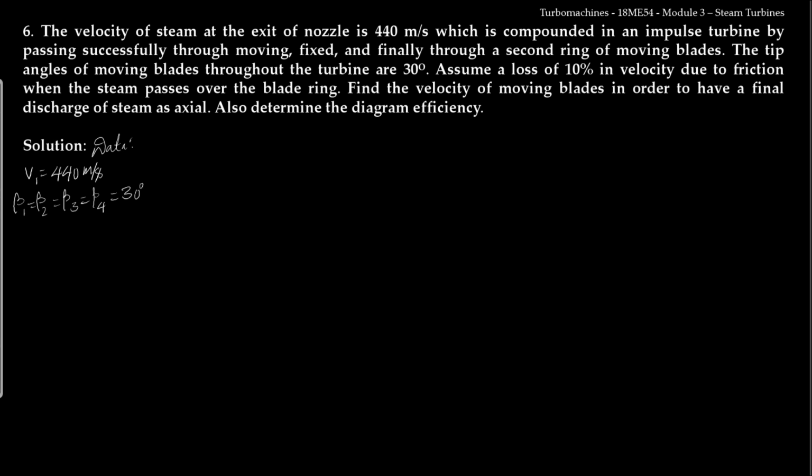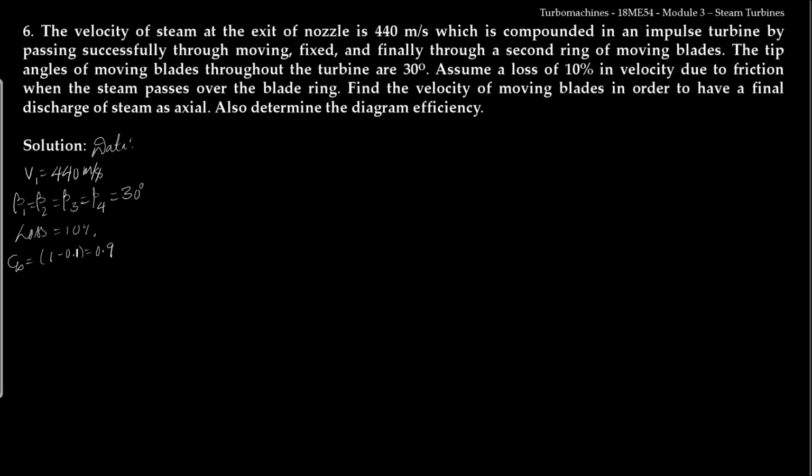Assuming a loss of 10%, he is saying that the loss will be 10% when the steam passes over the blade ring, which means to say that we consider these losses as CB. So CB will be equal to 1 minus 0.1, which is 0.9. So the relative velocity ratio will be 90%, or CB will be 90%.